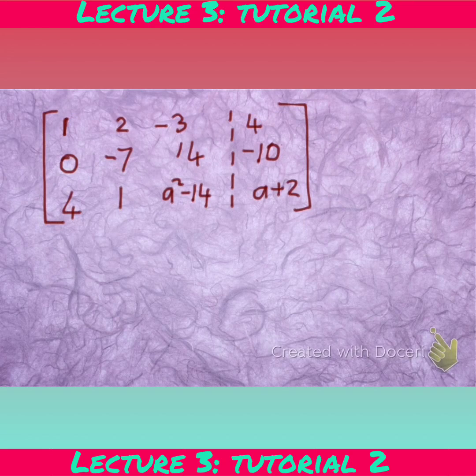Next up we're going to change the third row, by adding to it -4 times the first row.